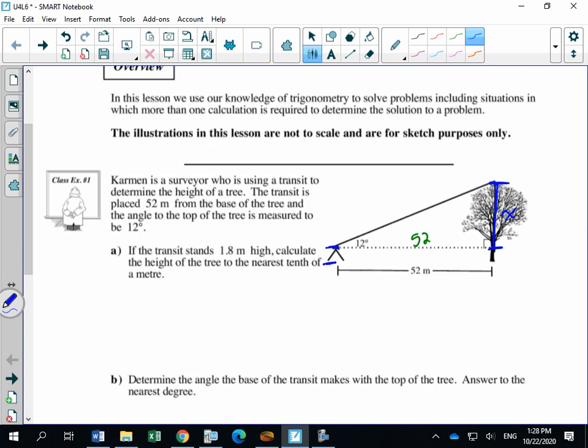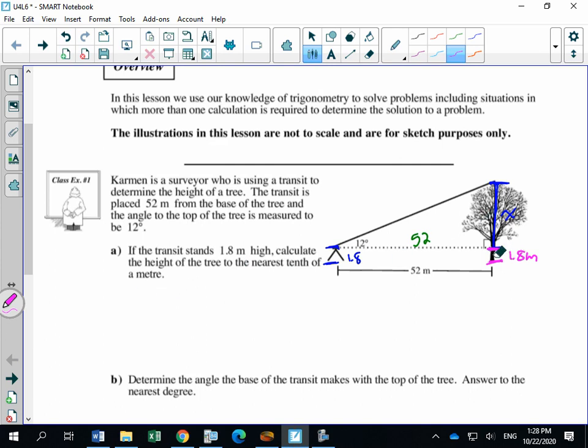So from here to here, it's 1.8 meters, which means on the tree trunk from here to here is 1.8 meters. So we're doing the exact same skills that we did already, and we're going to calculate what x is. And if they want the height of the tree, what am I going to add to whatever number we get? 1.8, and we're done. So let's calculate the height of the tree to the nearest tenth of a meter.